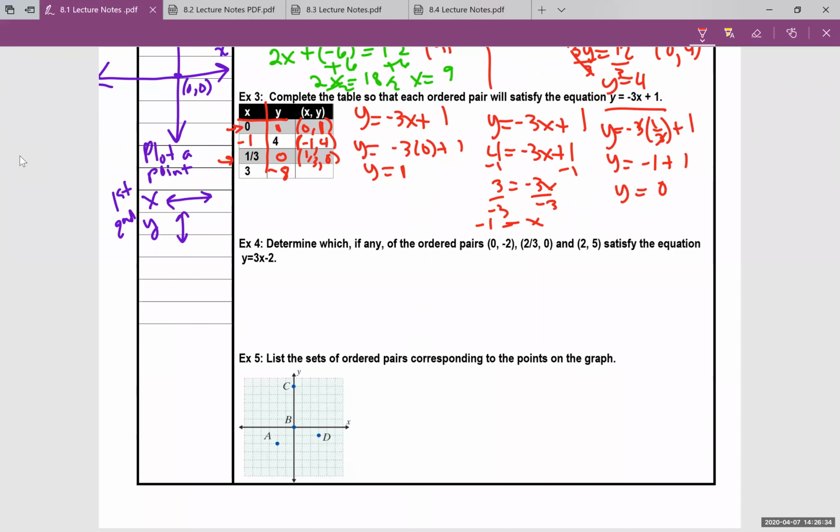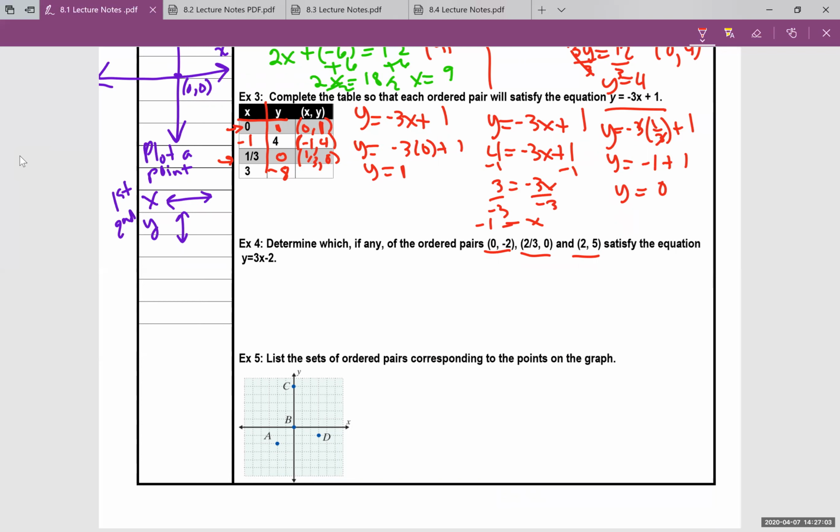All right, exercise 4. Determine which, if any, of the ordered pairs satisfy the equation y equals 3x minus 2. So basically, you have to say whether these are true or false. Does the point (0, negative 2) lie along this line? So if we put 0 in for X and negative 2 in for Y, does it work?